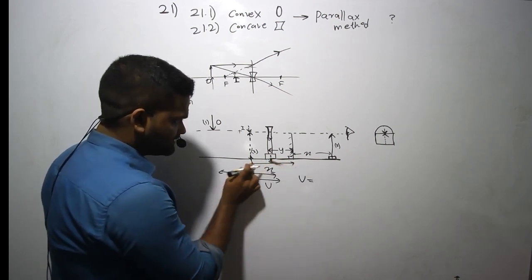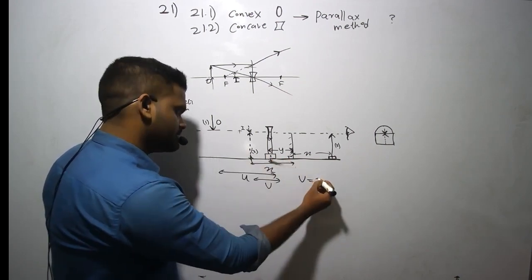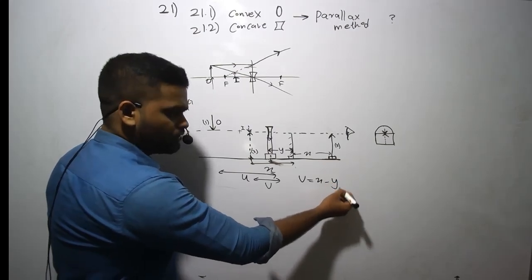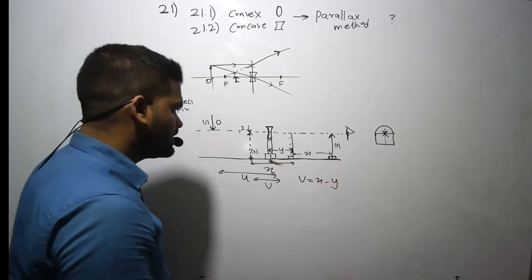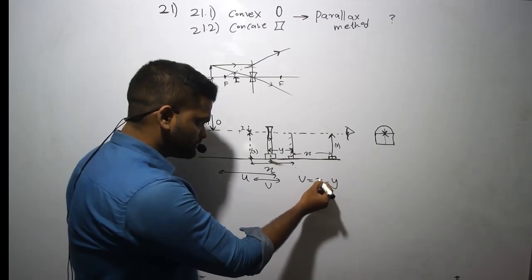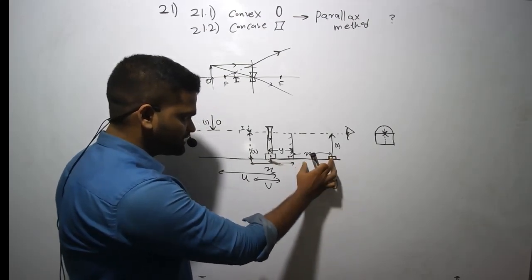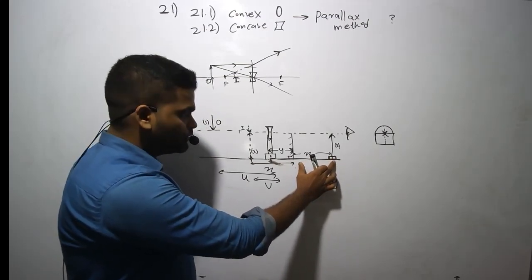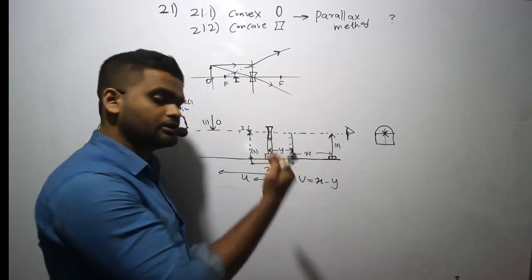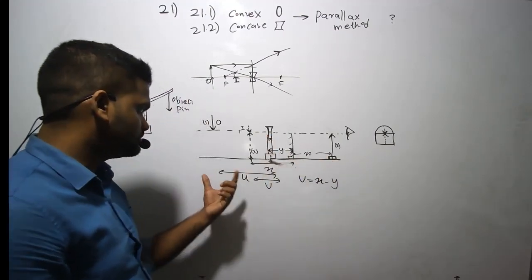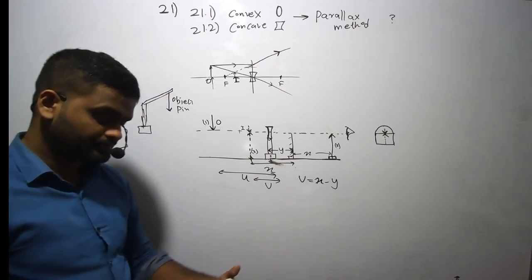This distance x minus y is the image distance. y is a known value. You can simply measure that value. Then x also you can measure, right? Once you find the position of pin 2, you can find x. So x minus y is going to be the image distance, and you already know u, okay?